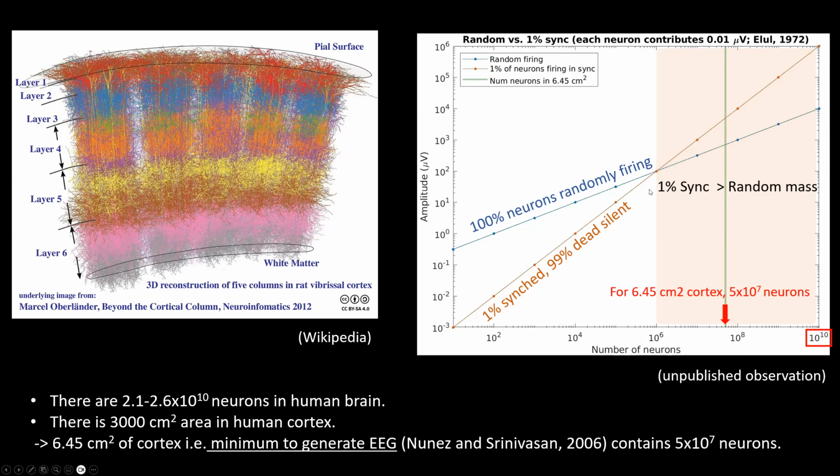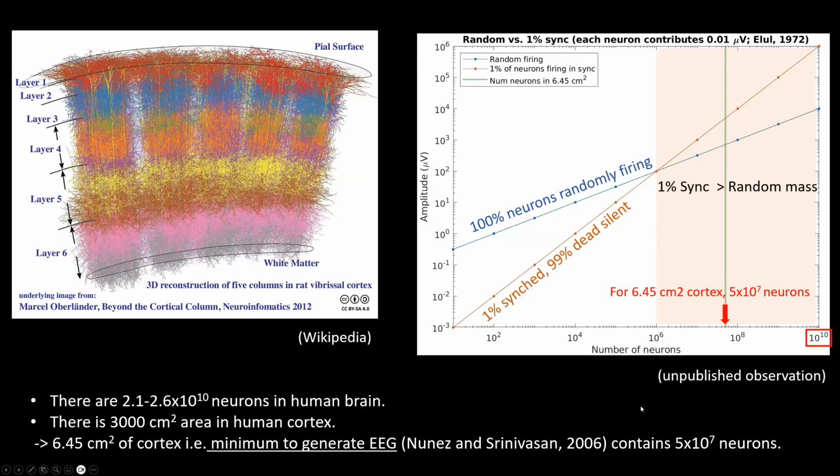And of course, this 1% synchronized is an underestimation, because the other 99% of the neurons must still be randomly firing, right? So this red line must be more than this, but this is for the sake of comparison.